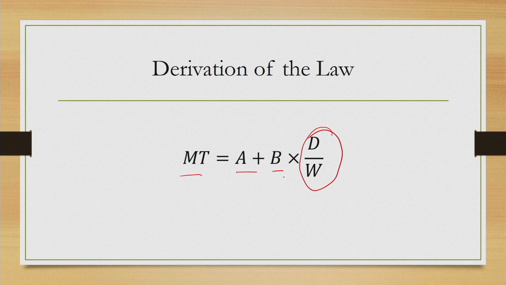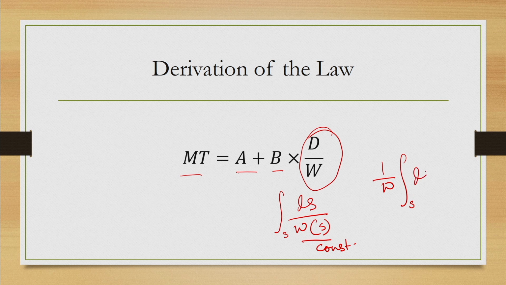Here we can derive it informally. If we have an integration over ds by Ws and W is constant, then this term goes out. So, we get 1 by W. This is followed by the integral of ds, which is nothing but the total tunnel length d.